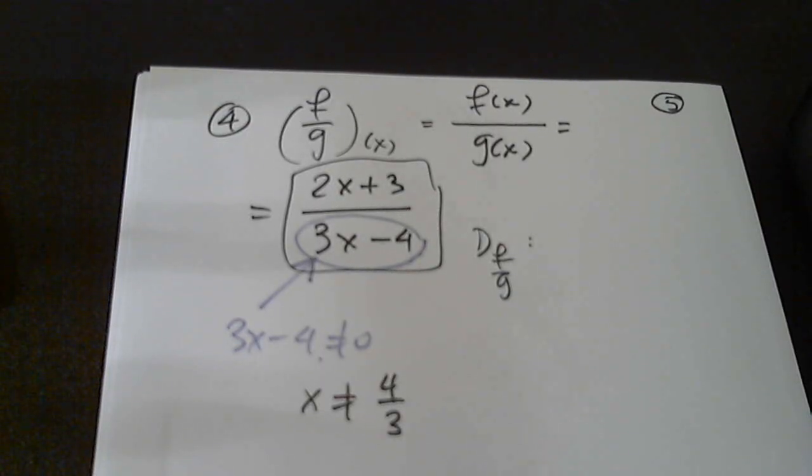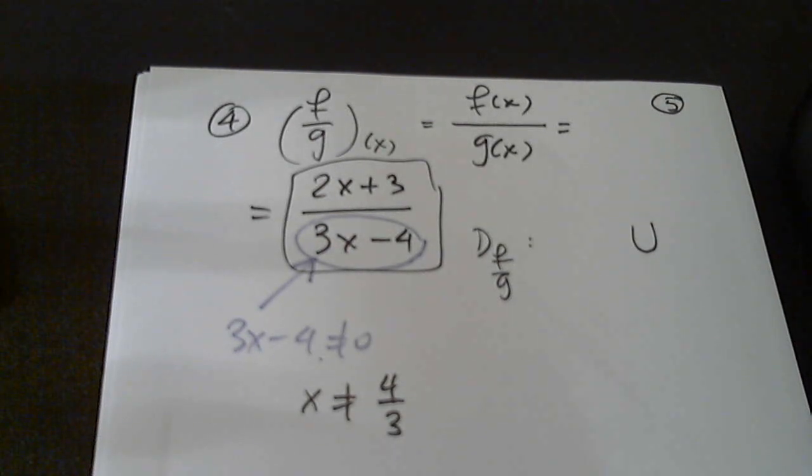Shay, would you like to answer this? How do we present the domain in interval notation by excluding 4/3? Christy, are you back? You want to try? Is that where you like put the U in the middle? Exactly. Excellent. Yes, indeed.